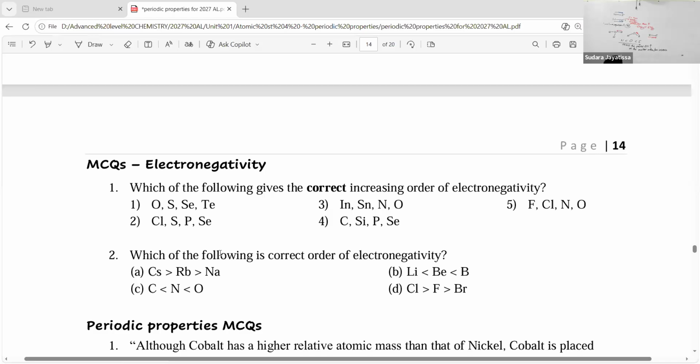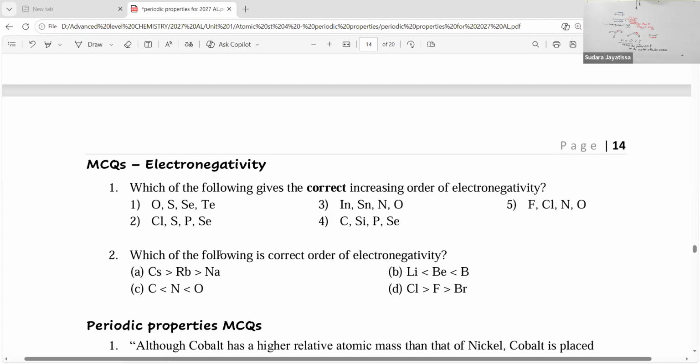What you need to know: electronegativity is the ability to attract electrons, and it decreases down a group and increases across a period. And remember this order: F, O, Cl, N, Br, I, S, C, H. Good.